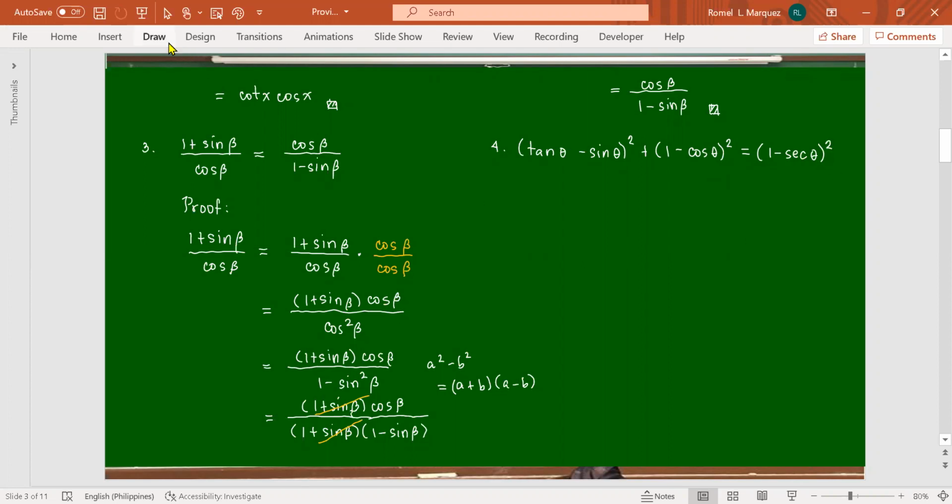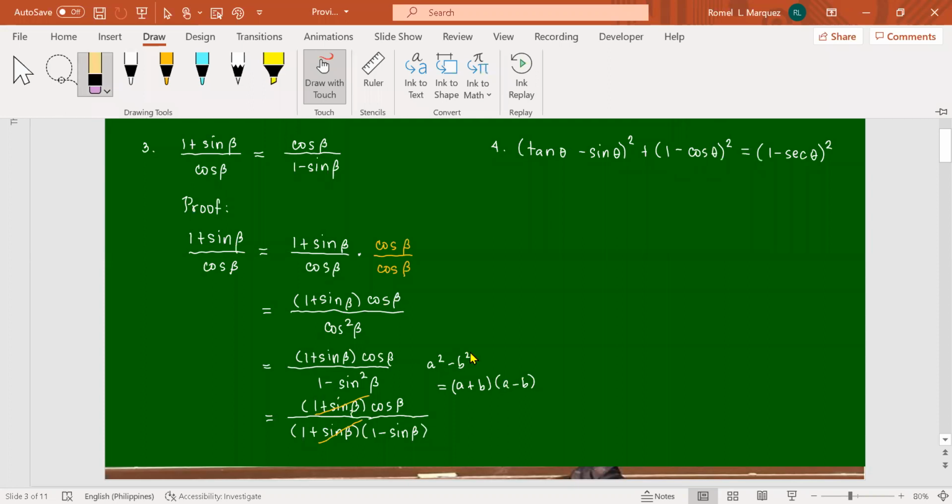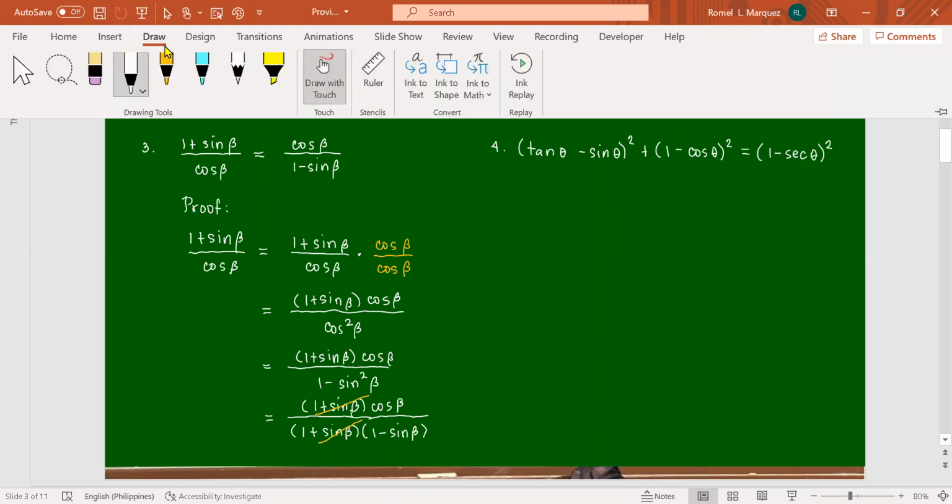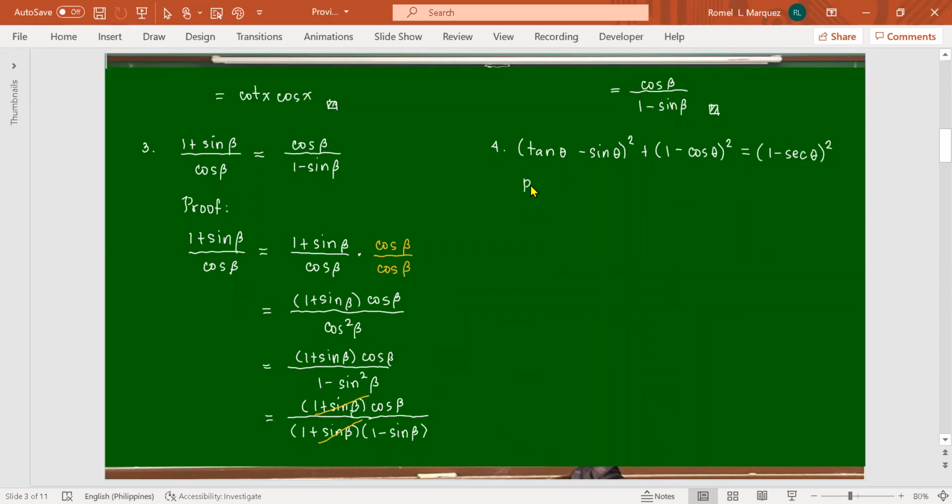Okay? So let me erase this now so that we have much space. Okay, let's begin. Which one do you think is worth to work with? So definitely the left side, because it's more complicated, and a more complicated expression is easier to make simple rather than the simple one, you're going to make it complicated.